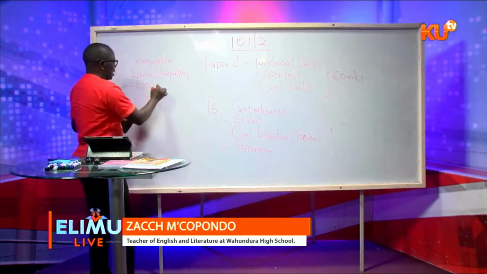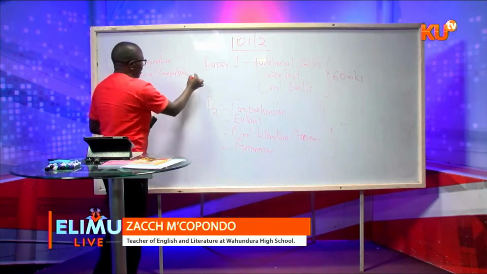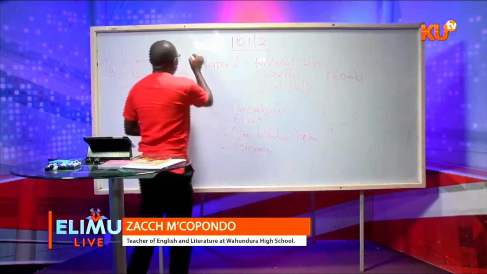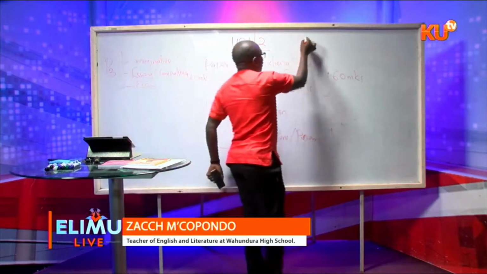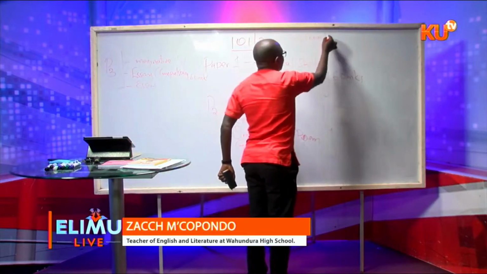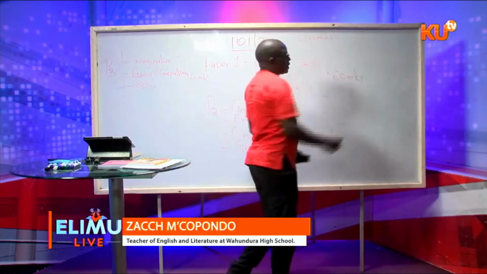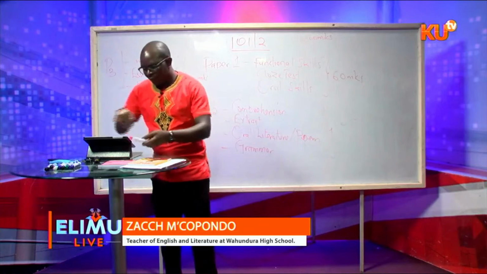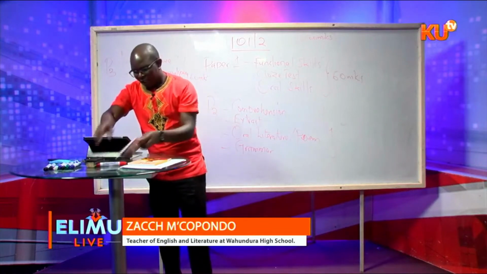If you add the 3 papers, you end up with 200 marks. So at the end of this series of lessons, we'll be focusing on how to get the best of the 200 marks. A summary of Paper 1 you can equally get in this book.